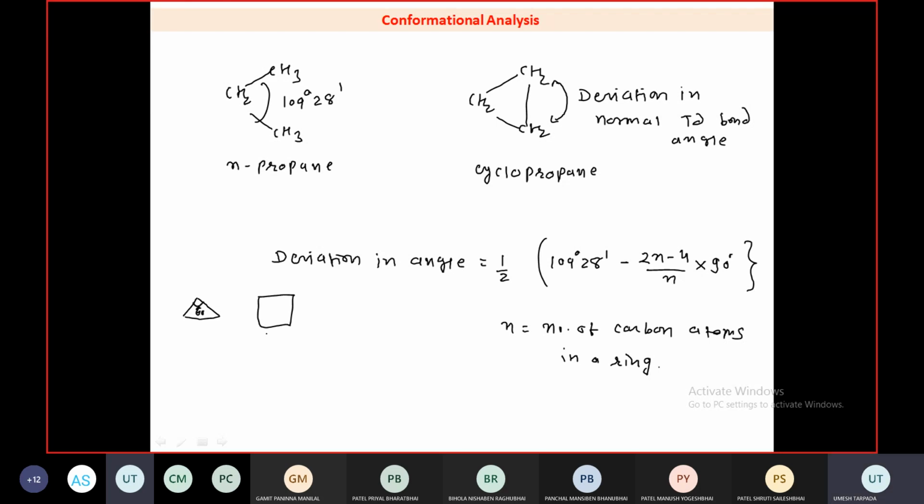Cyclobutane is there. This angle is 90. Cyclopentane is there.